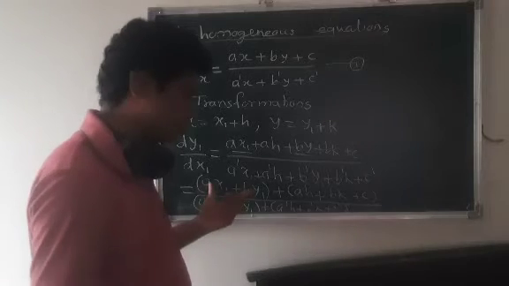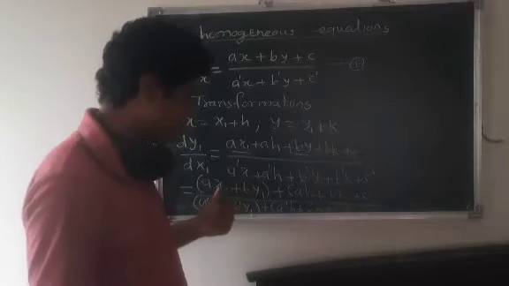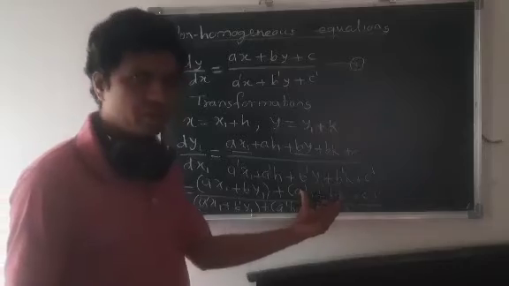Okay, so the first group is the homogeneous part in x1, y1 and the second group is constant.